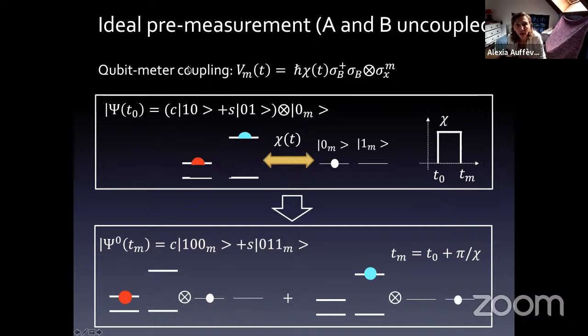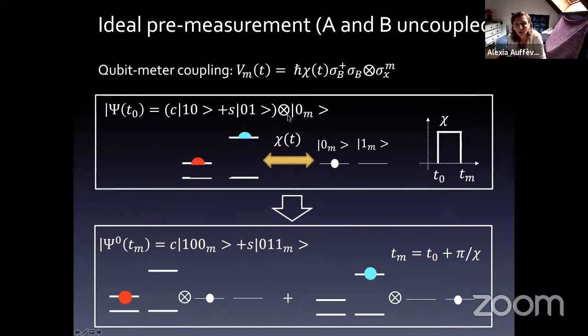What happens is that we switch on the coupling between the blue qubit and the quantum meter. The qubit-meter coupling has this expression here, where you can see that we have a dynamic of the quantum meter that basically depends on the presence of an excitation in the blue qubit. So we can start from this state where the two qubits are entangled.